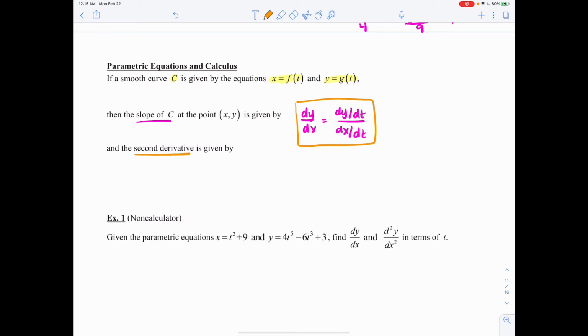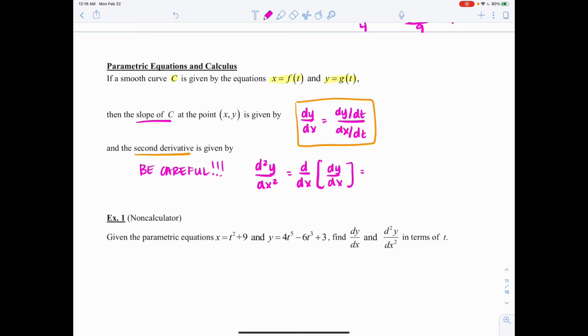Here's where things get spicy. If I ask you to find the second derivative, this is probably the number one mistake that students make. The second derivative is d2y dx squared, which is technically the derivative of dy dx.